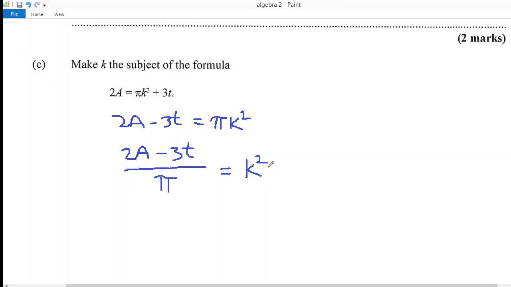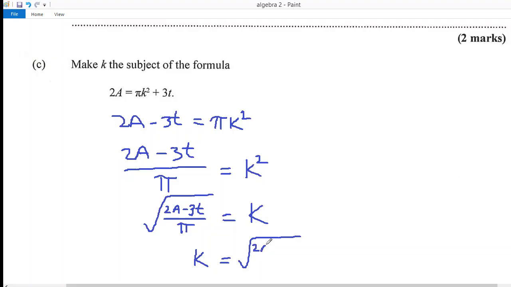And now we want to find k, so the opposite of square is square root, so k would be equal to the square root of this term, 2a minus 3t over pi. Okay, so we can also write it like this with k on the left hand side.